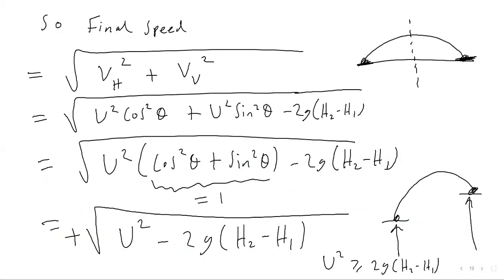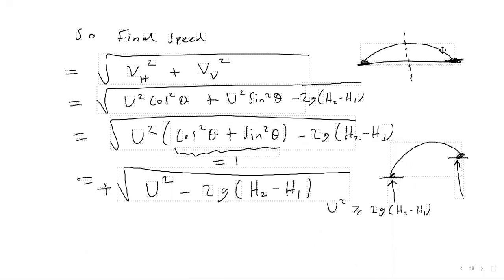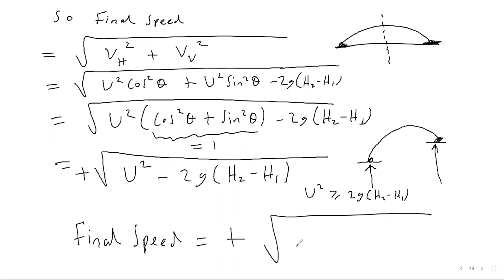So again, let me be really clear about this so you guys can see the clear formula. So final speed is equal to the positive square root of u squared, take away 2g, times by your final height, take away your initial height.